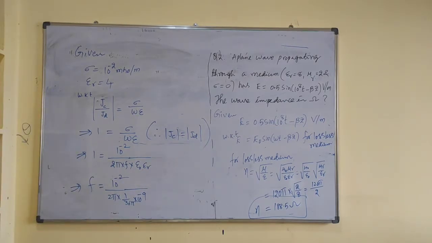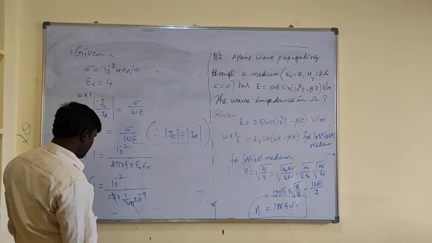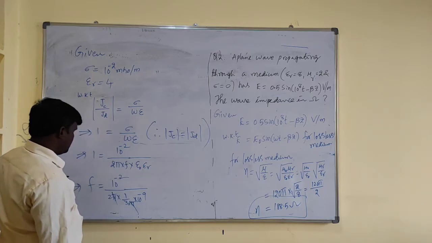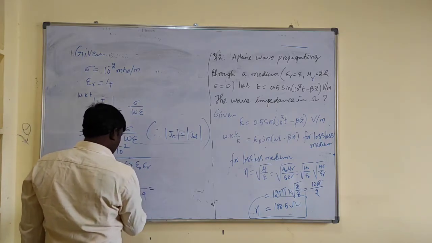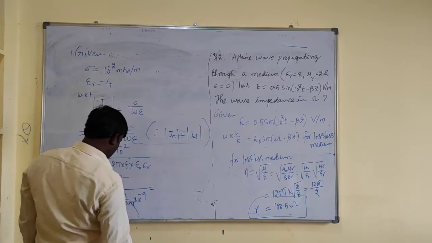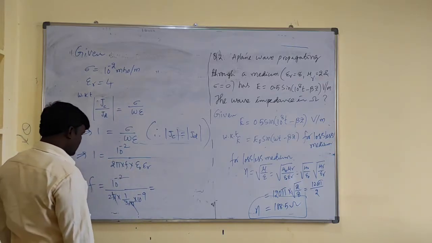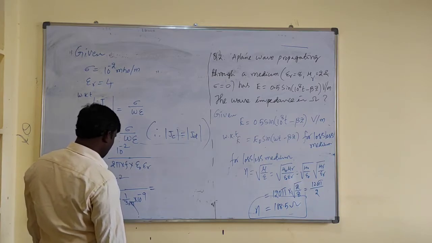If you simplify this, pi cancels out, and we will get 10 to the power minus 2. This becomes 10 to the power 2 by 36, that is 18.